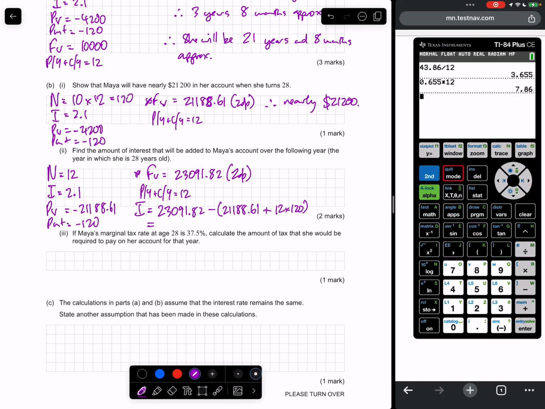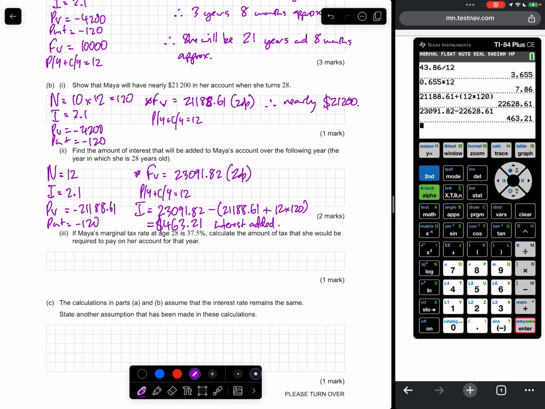So 21,188.61 plus 12 lots of 120 is 22,628.61. 23,091.82 minus 22,628.61 is $463.21 interest added in that 1 year.